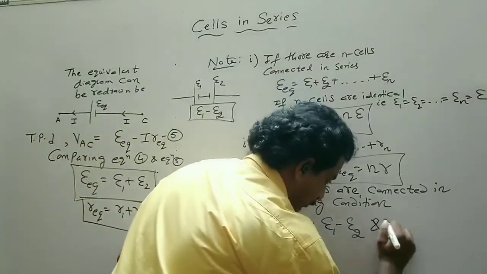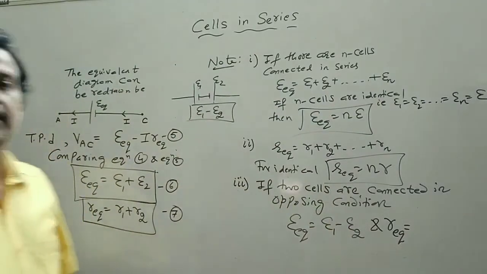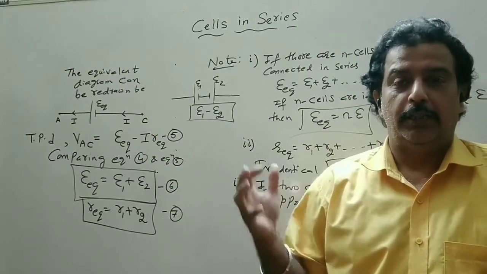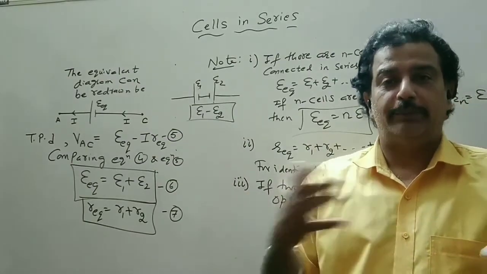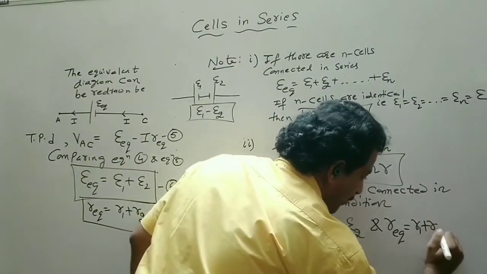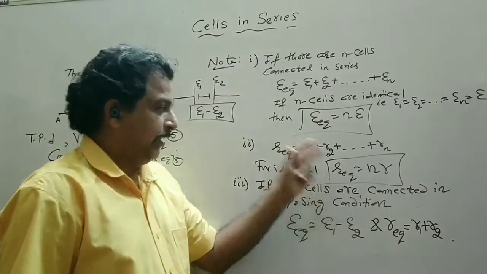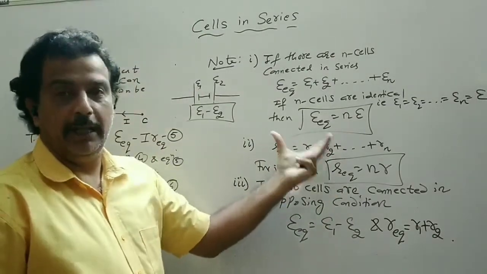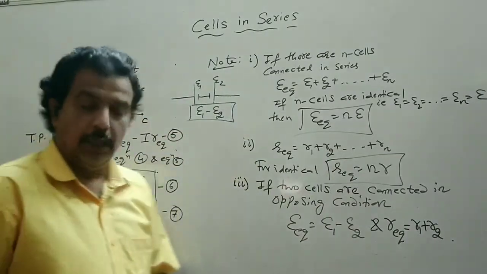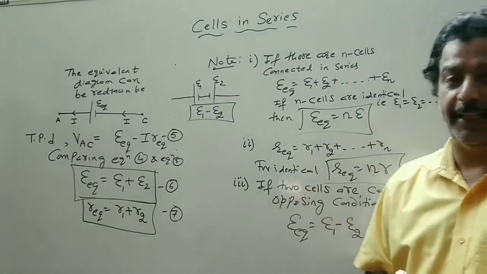But you have to remember equivalent resistance. Resistance is the opposition offered to the flow of the current. So that opposition will not be cancelled. Opposition or the resistances are always added, whether the cells are connected in helping condition or in the opposing condition, the equivalent resistances are added.